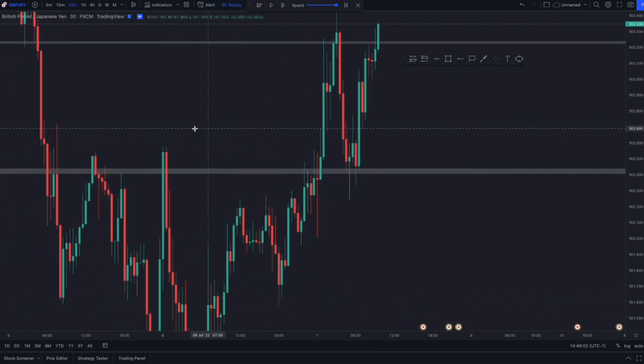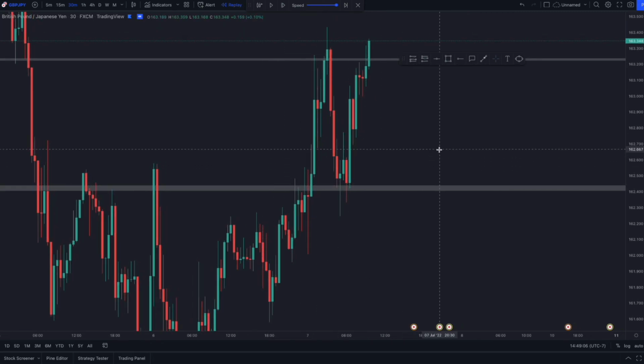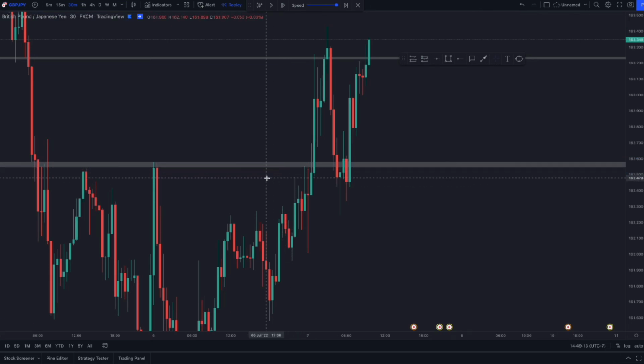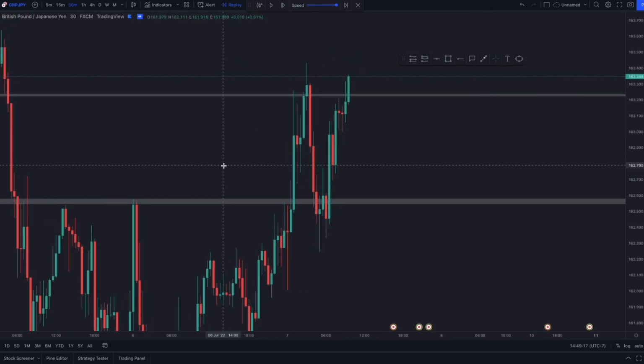Okay, let's just say we took this based off the 30 minute. I don't like taking trades based off the 30 minute when it makes support, because I'm waiting for bigger confirmations.